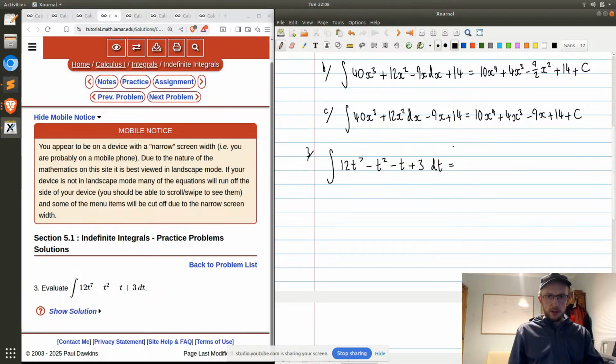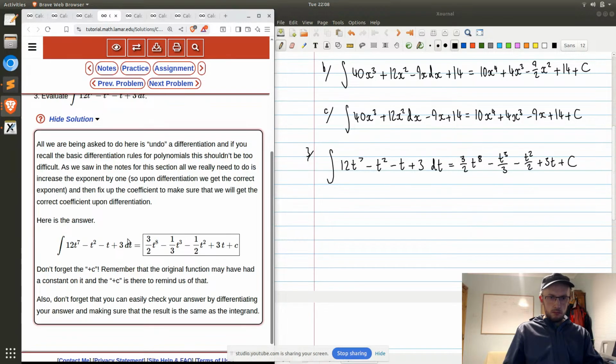Integrate 12t to the 7 minus t squared minus t plus 3 dt. Correct.